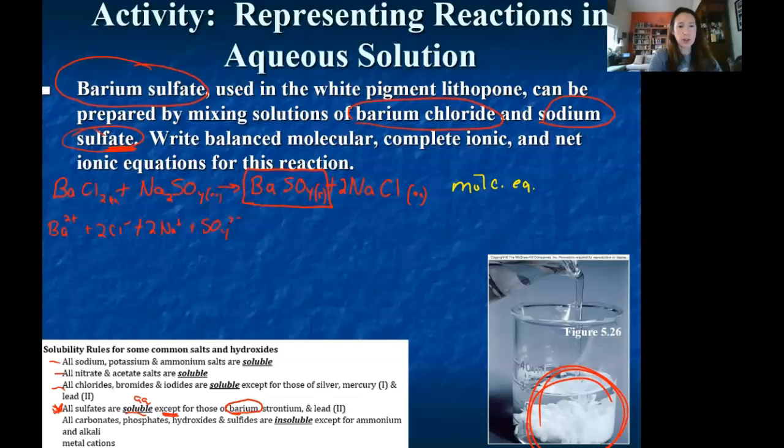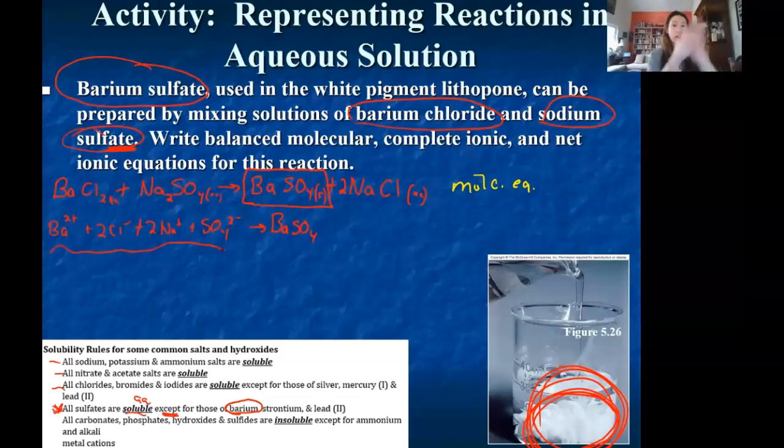Now, these should all say AQ. I'm just going to only mark the solid, and we're just going to say they all have AQs, because I can't write all those AQs and make it look anywhere neat. This solid stays together, because when you put it in water, it doesn't come apart. All of these are just floating around.